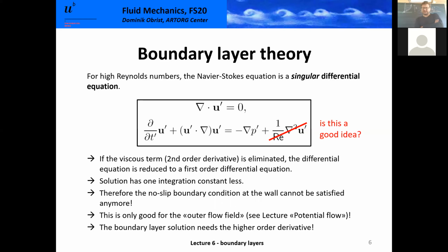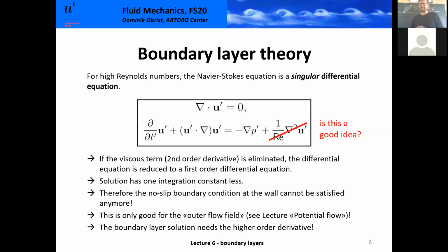The term that we just deleted here is a so-called second order term. It's a term with a second derivative in space, right? It's d squared u dx squared, or d squared u dy squared, or d squared u dz squared. So a second derivative in space.